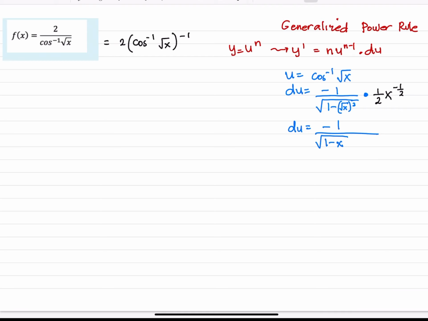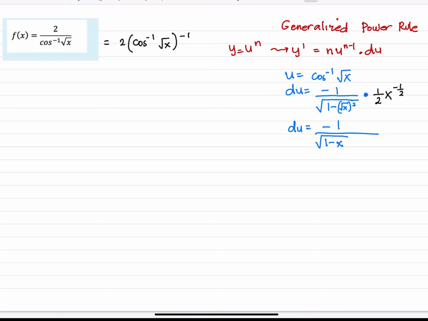Okay, where did I get x? X is obtained after squaring the square root of x, or after raising the square root of x to the second power, because that will eliminate the radical sign here. Okay, so now we have the square root of 1 minus x.